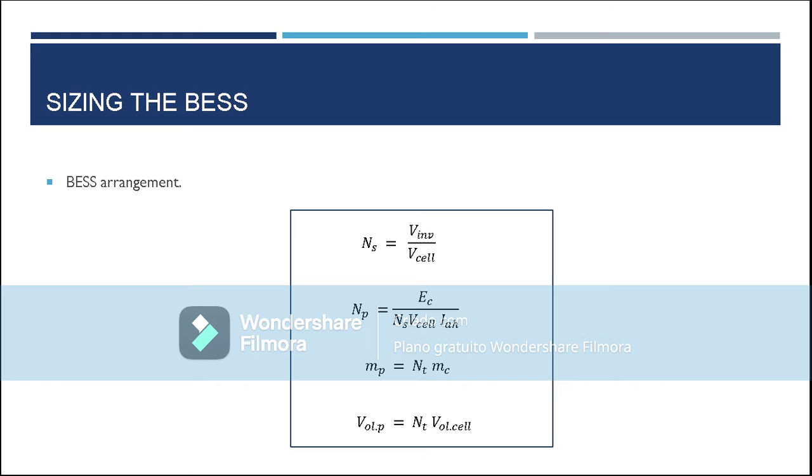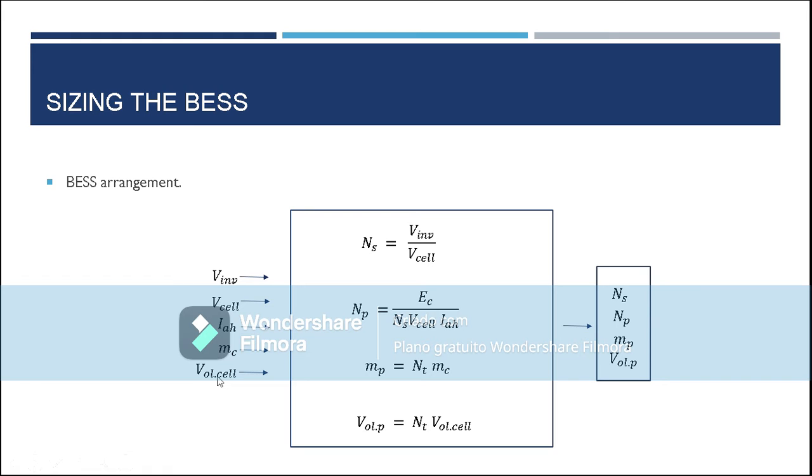So first we're gonna need to apply a set of equations to discover the number of cells that will be in series, the number of parallel strings, the total mass of the pack, and also the volume. So to find this information about the BESS, we're gonna need as input the nominal voltage of the power inverter of the powertrain system of the vehicle, and also some information from the battery cells, like the nominal voltage, the nominal current, the mass, and the volume of the cells.